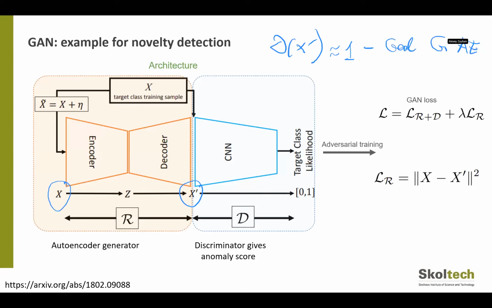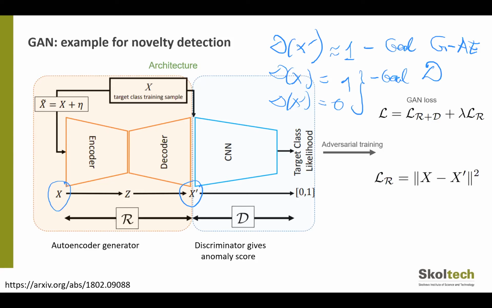And for the discriminator, it tries to do things like this. This is the goal of our discriminator that we put after the autoencoder. It tries to distinguish between X and X prime, real images and images produced by the autoencoder.